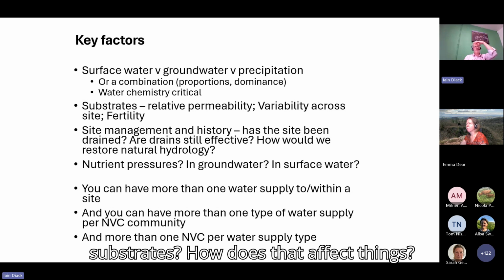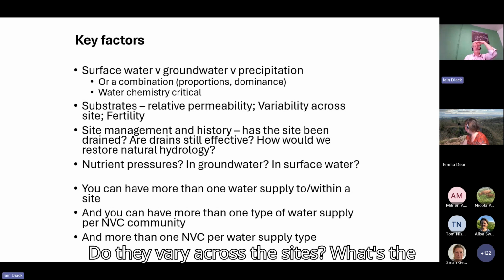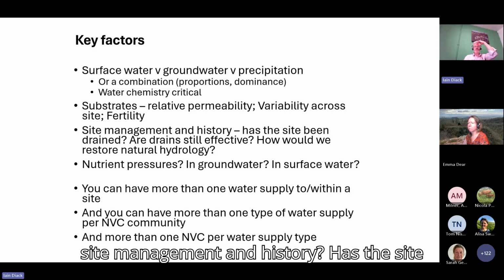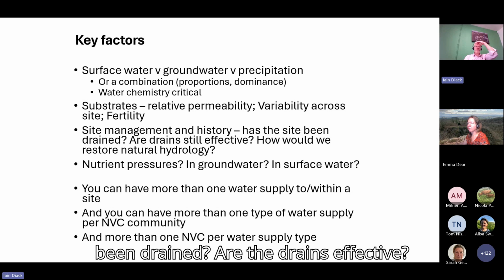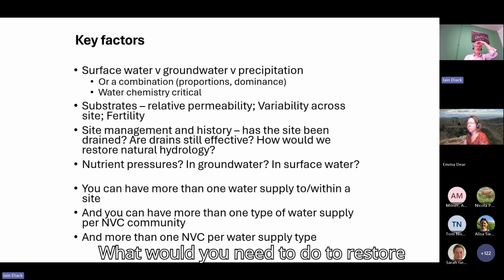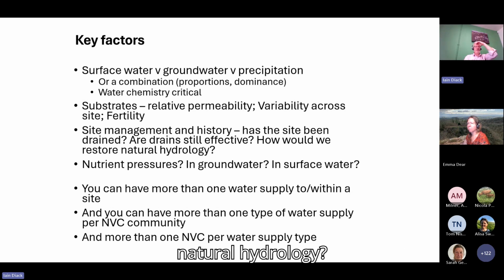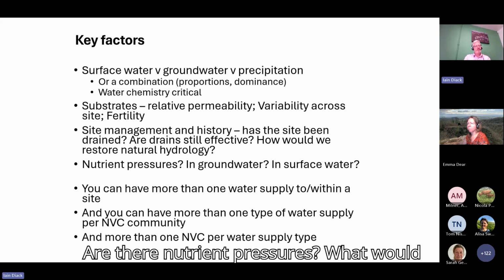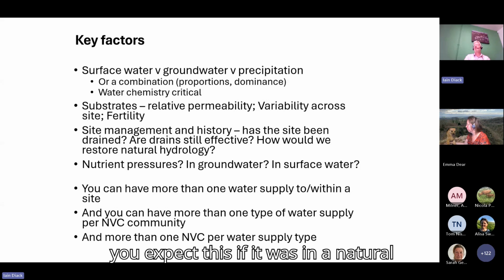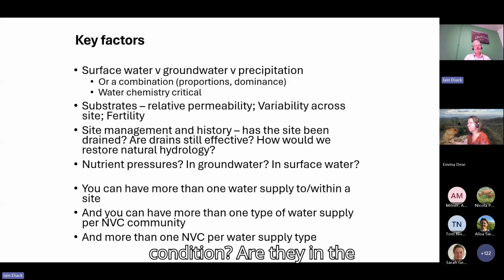How does that affect things? Do they vary across the sites? What's the site management and history? Has the site been drained? Are the drains effective? What would you need to do to restore natural hydrology? Are there nutrient pressures? What would you expect if it was in a natural condition? Are they in the groundwater and the surface water?